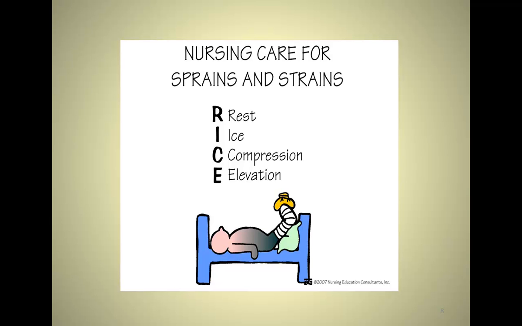You need support, but not too much. You don't want to cut off circulation, right? If it rolls around that ankle area, it can act as a tourniquet and cut off circulation, so you have to be really careful with that.